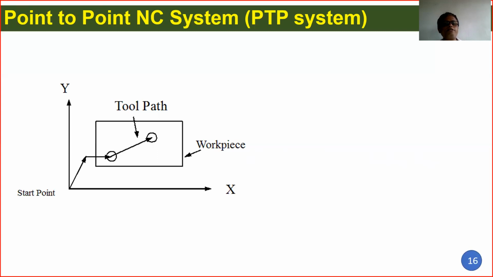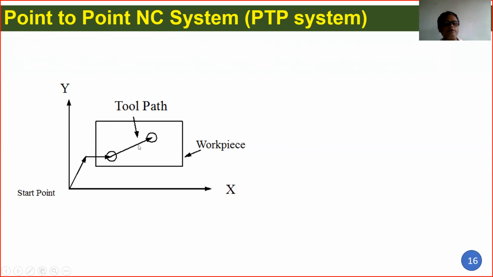So what is PTP system? This PTP means point to point. So see the diagram here. In this diagram, the tool is moving from this location to this location. It can also move to any other location. But no machining is done when the tool is moving between the locations.